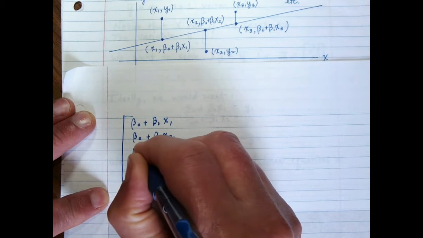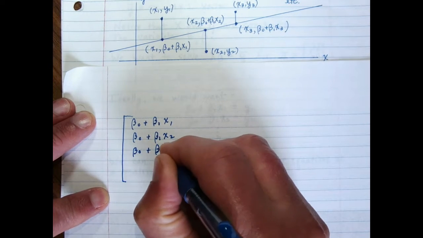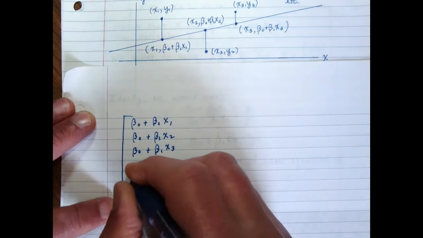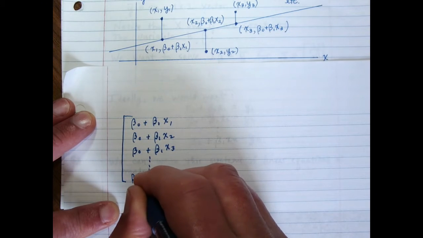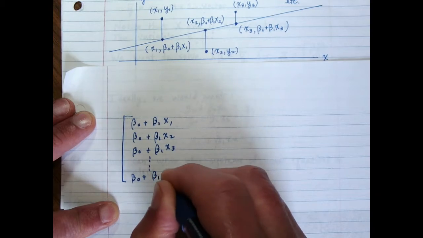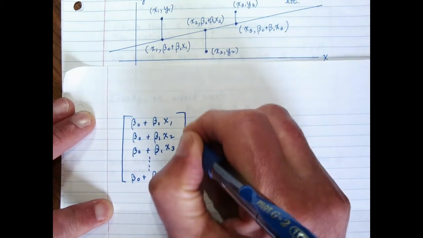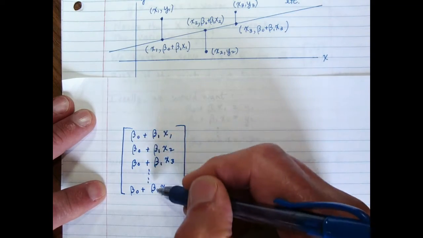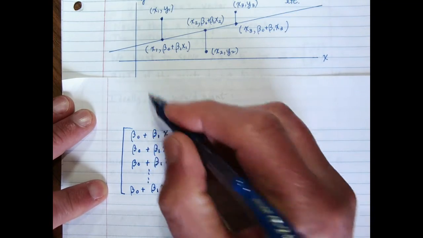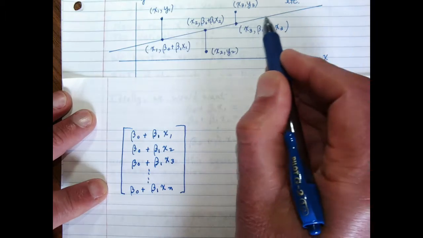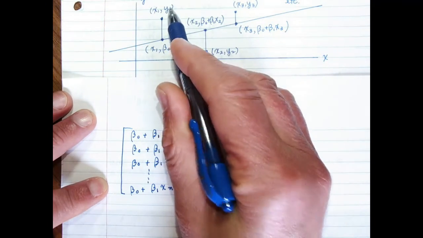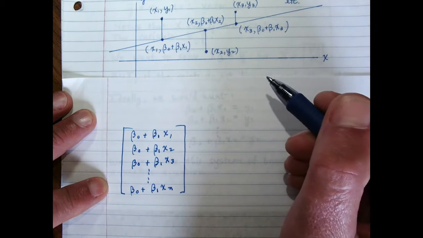The only thing that's changing here is the x coordinate, down to beta 0 plus beta 1 xn, I would say, is my last one. So this is a column vector of y coordinates on the actual line that best fits the data, right? Probably different from the y coordinates that were given.